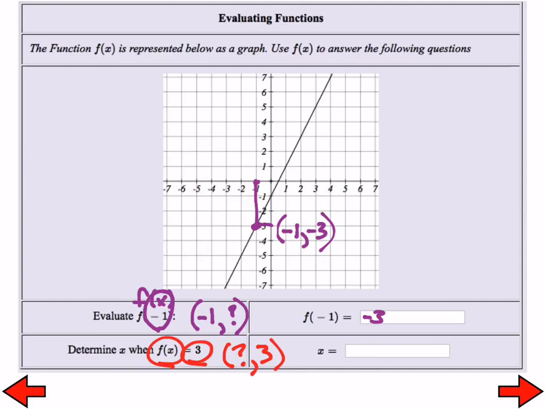So when y is 3, that is this ordered pair right here, because that ordered pair is 2, 3. So when the y value or the f of x value is 3, the x value is 2. So once again, when the y value is 3, the x value is 2.